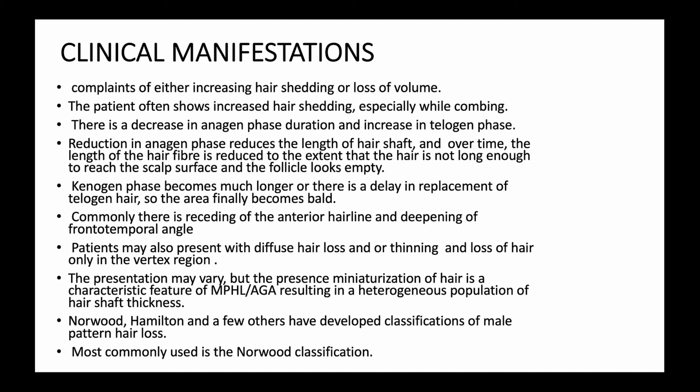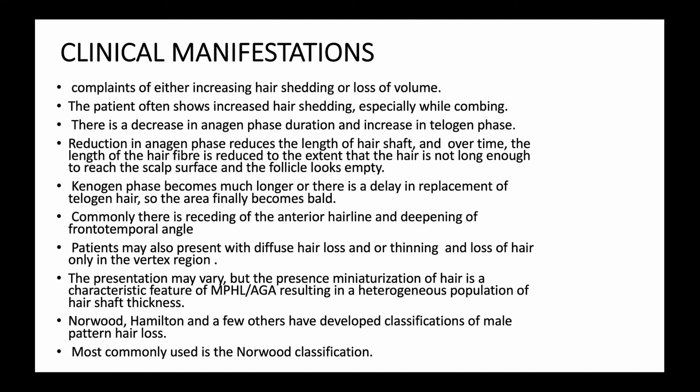Meaning whatever the presentation, he may present with receding, he may not show the receding, but he may show thinning or baldness in only the vertex. So this is the clinical presentation, but when you examine closely or by dermoscopy, you see there is a variable thickness of hair shaft. That is a pathognomonic sign of AGA.